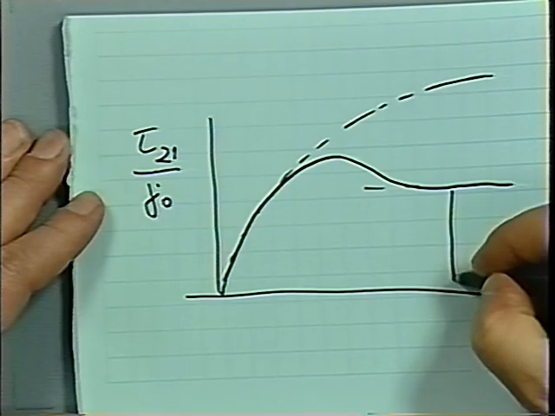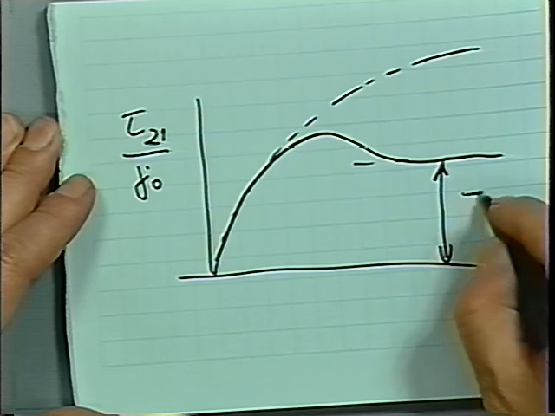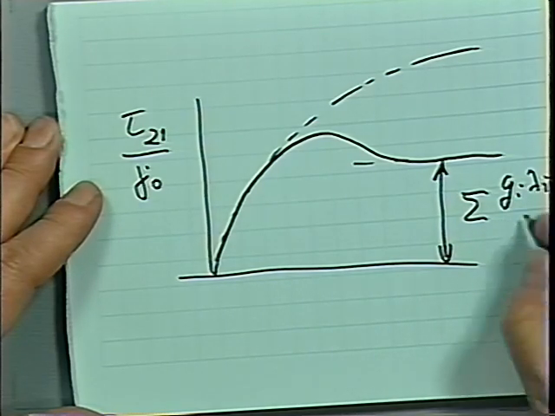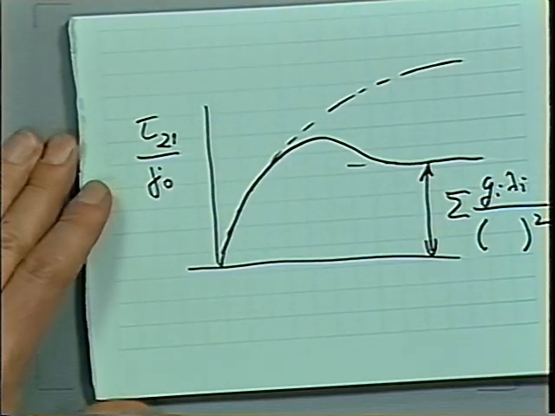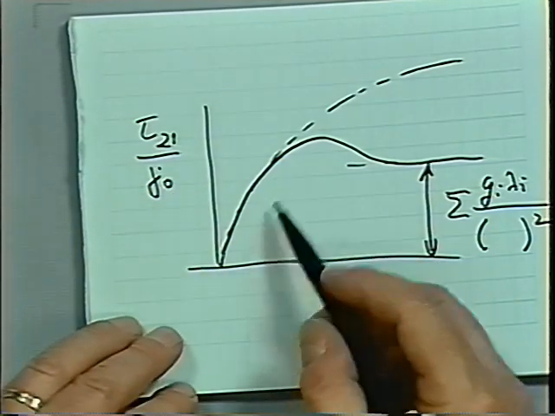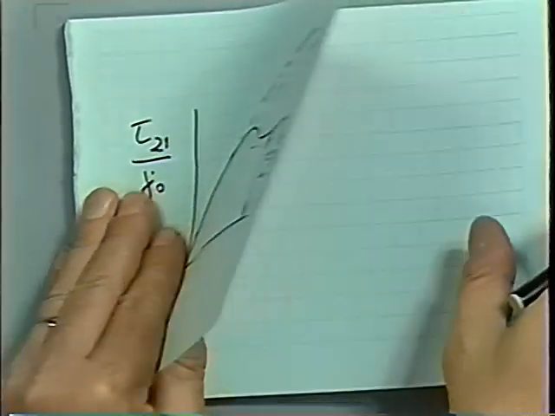And this magnitude here, that's what we have. This is the sum of gi lambda I divided by this expression squared in the bracket. That's the steady shear viscosity which we're calculating. And the transient part has to follow this overshoot.